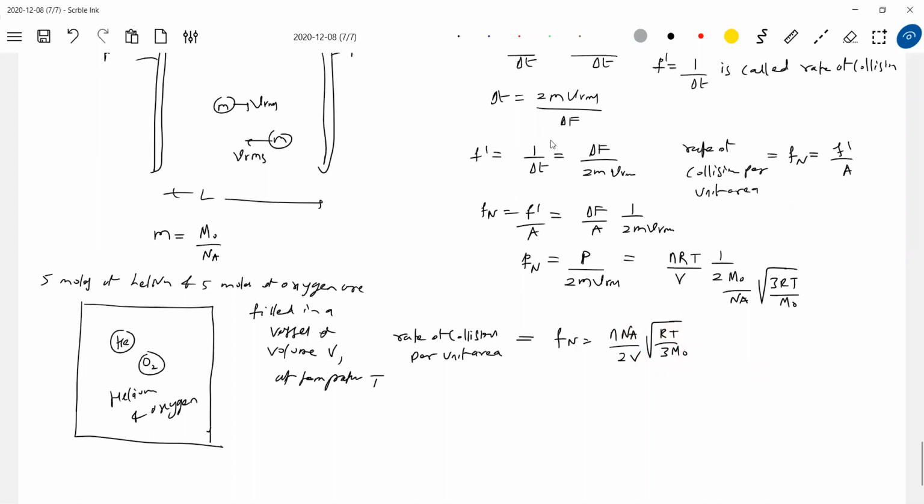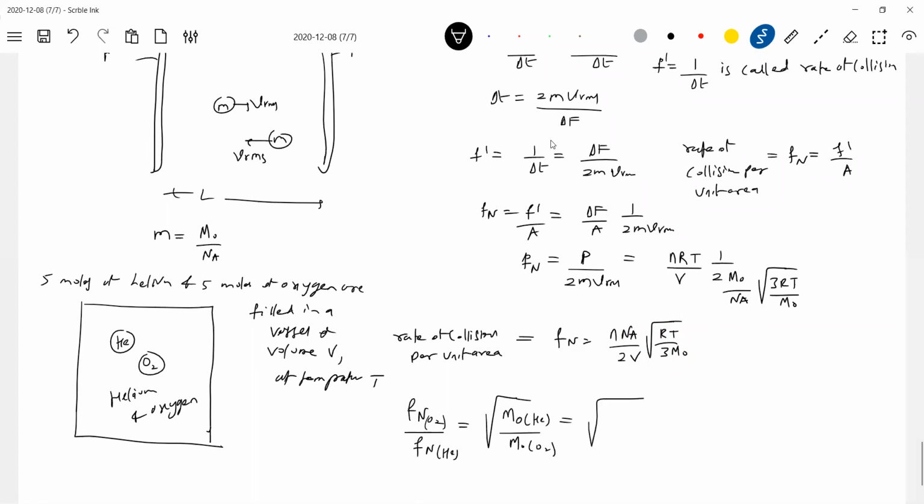So the ratio of rate of collision for oxygen to that of helium will be the molecular mass of helium to the molecular mass of oxygen.